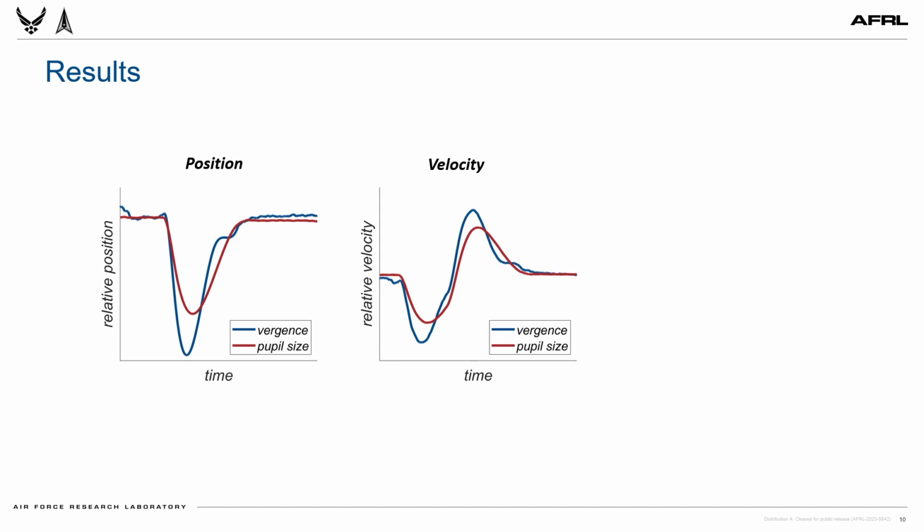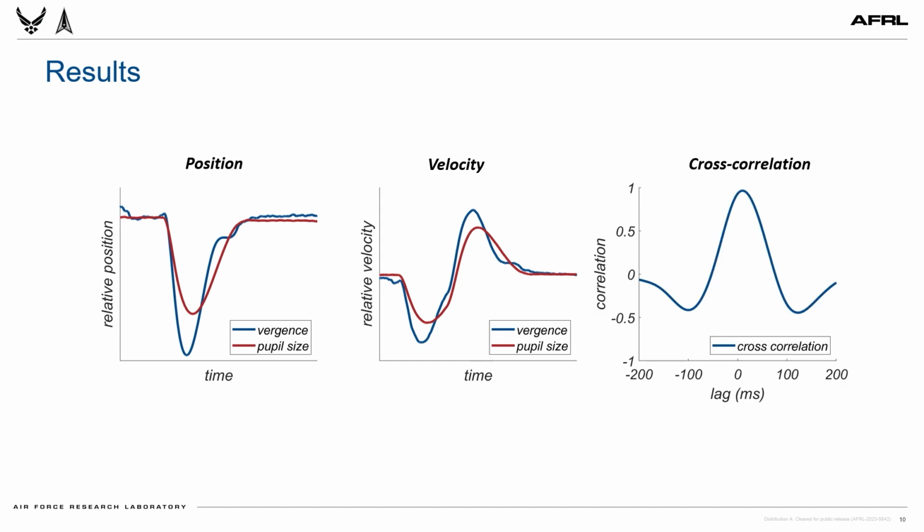And you can see what that looks like right there. Then the way that we characterize the interaction between these 2 is through what's called a cross correlation. We take the 2 velocity vectors and slide them across one another at different temporal offsets, and then compute the correlation of the two vectors at each of those temporal offsets.